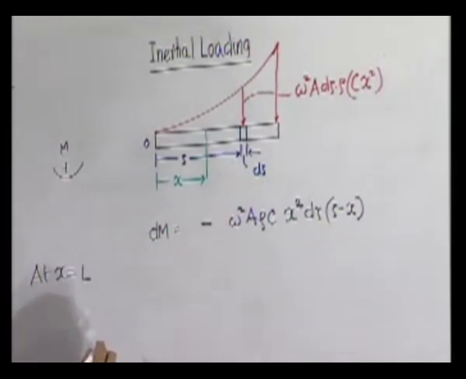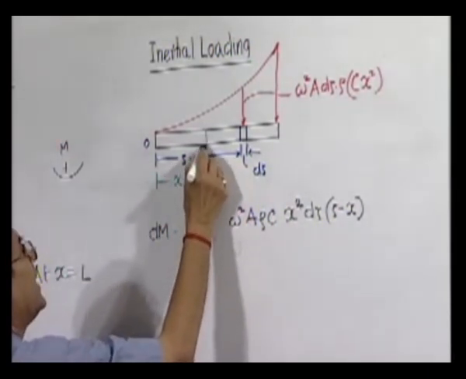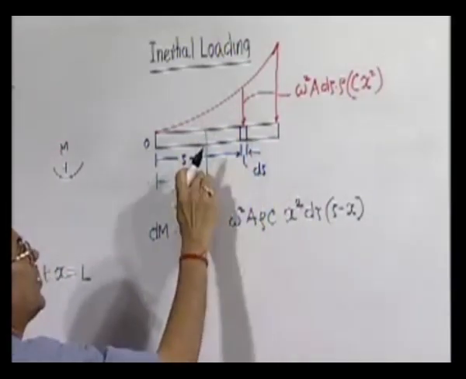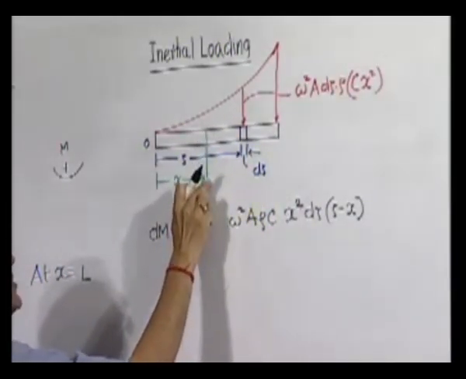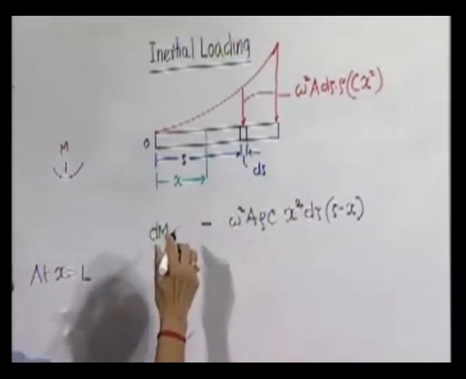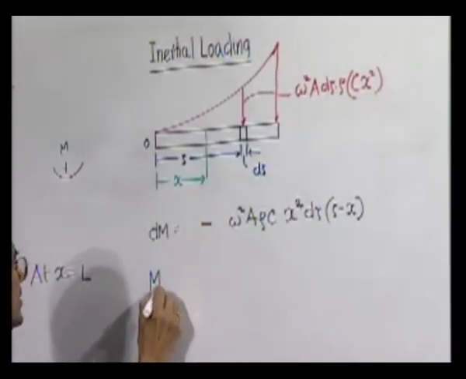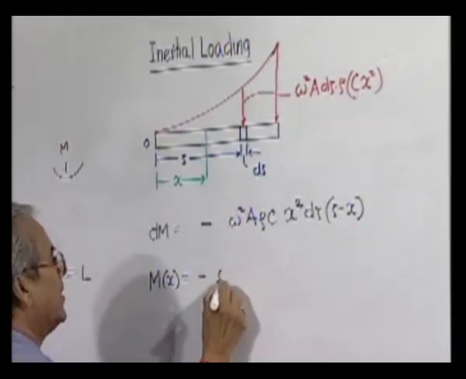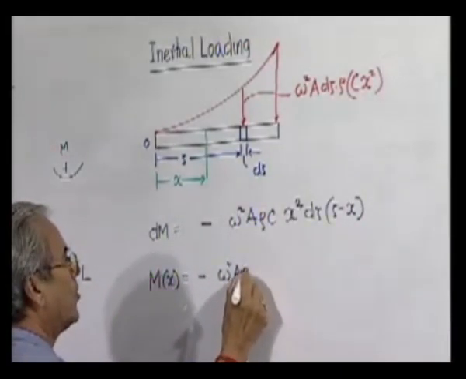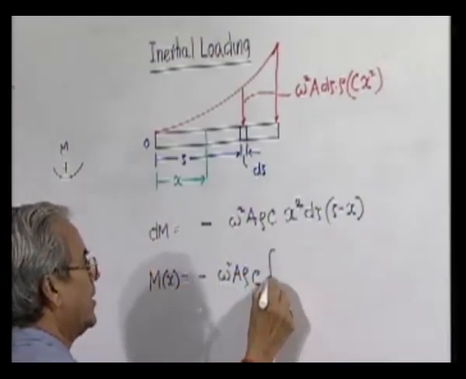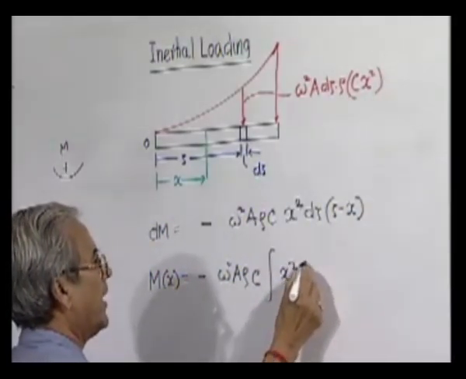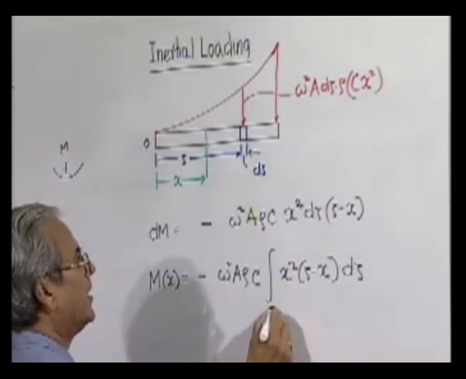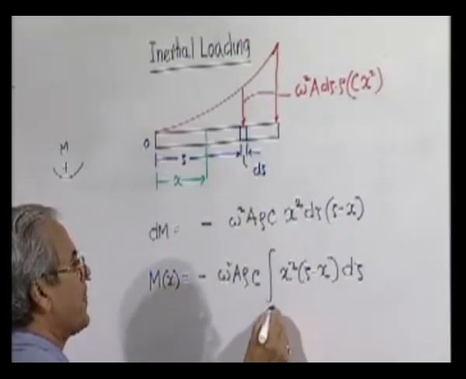So therefore, the total moment here will be the moment of the inertial loading of all the elements from zeta equal to x to zeta equal to L. So therefore, the moment as a function of x, at distance x, will be minus omega square A rho c square, integral of zeta square into zeta minus x d zeta.